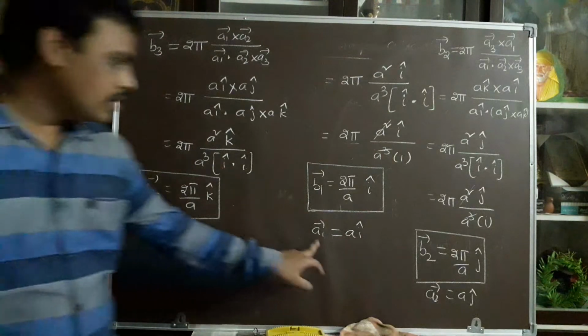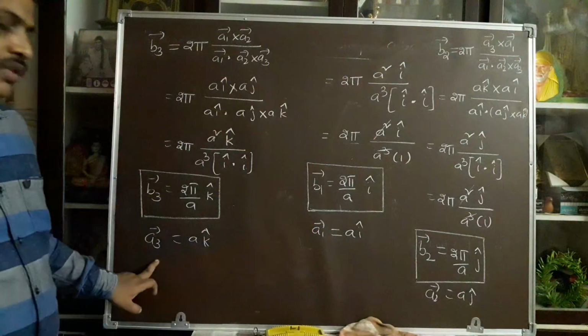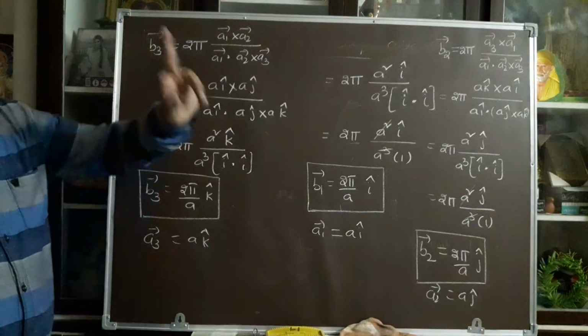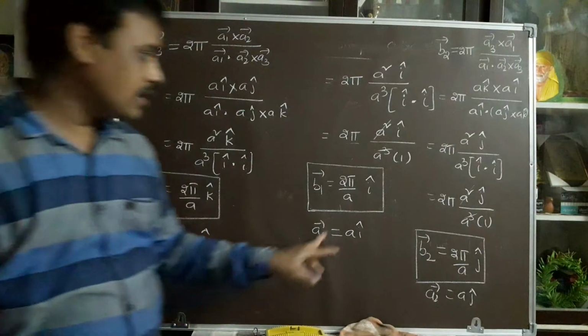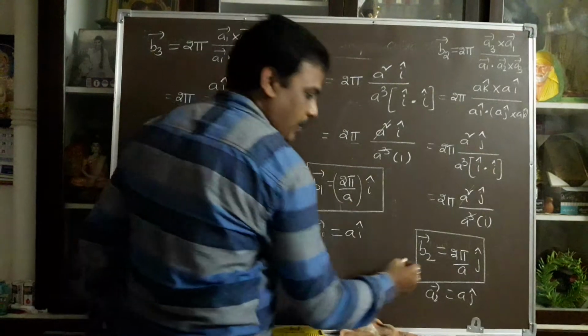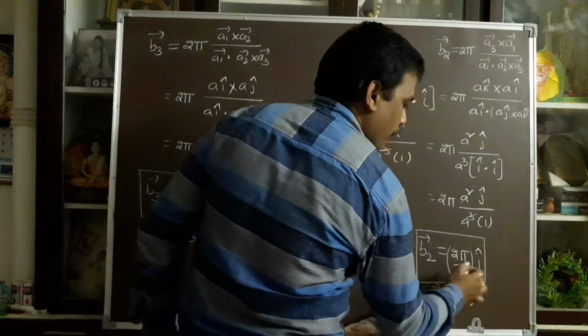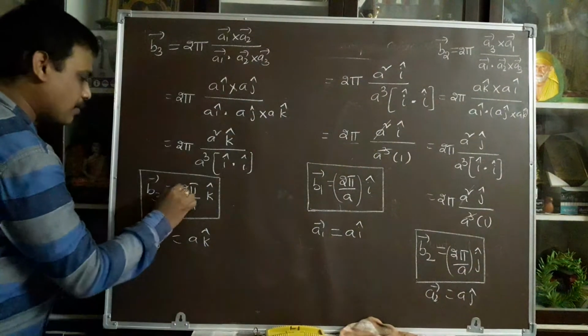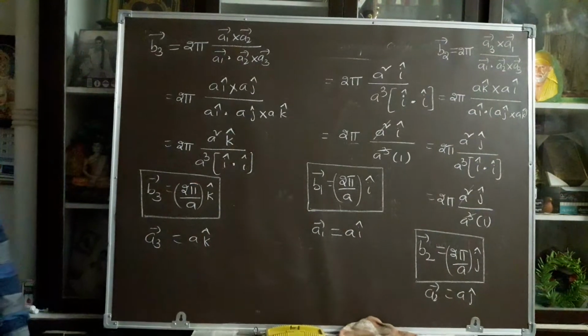This is the original crystal structure, the three-dimensional vectors. According to our reciprocal lattice, the vectors are B1 bar is equal to 2 pi by A into I cap, B2 bar is equal to 2 pi by A into J cap, B3 bar is equal to 2 pi by A into K cap.